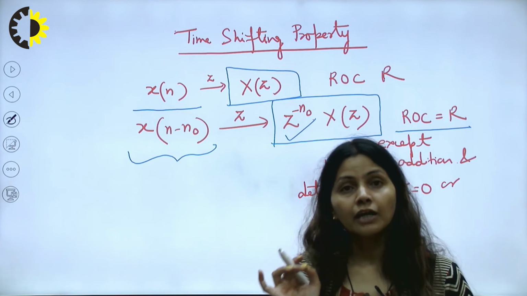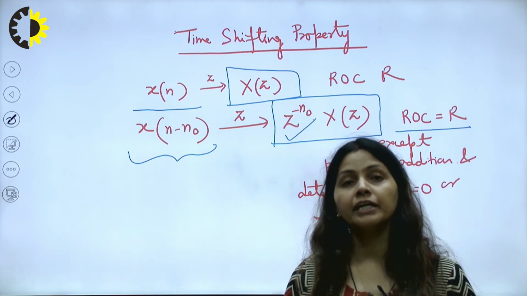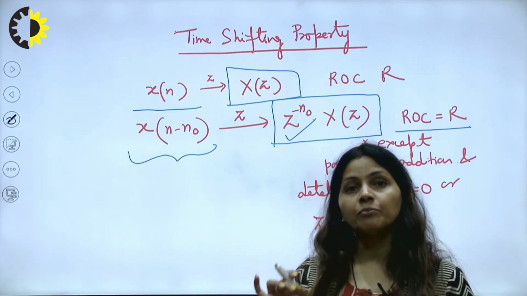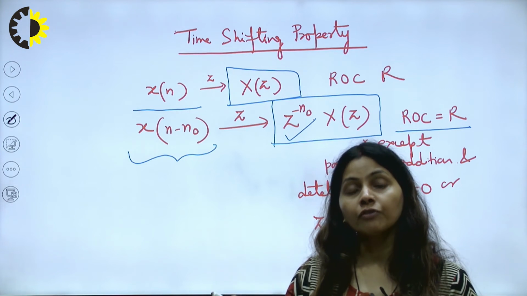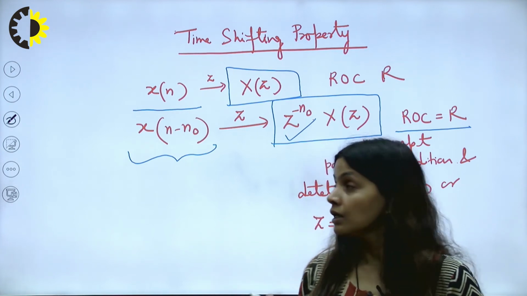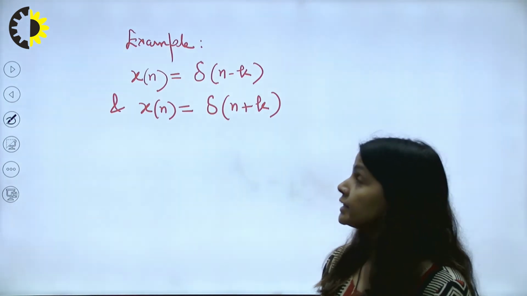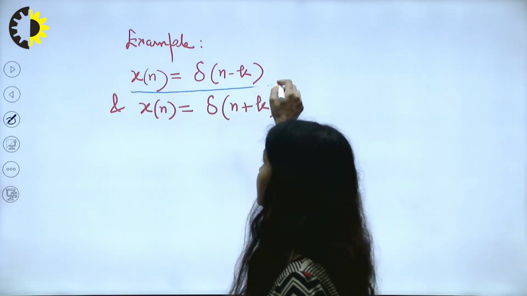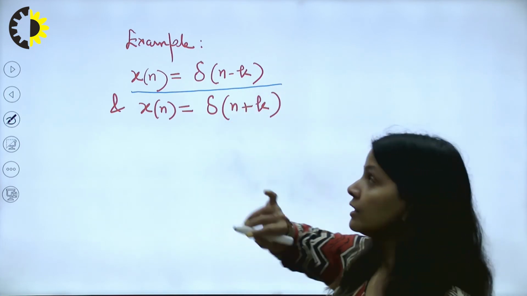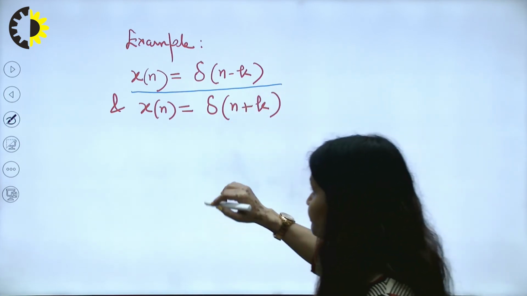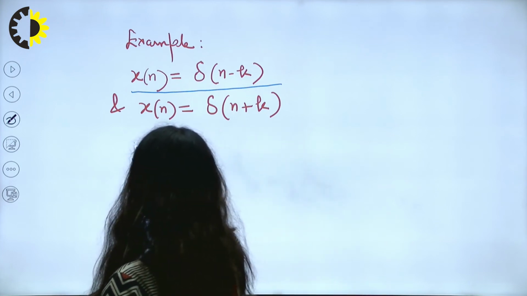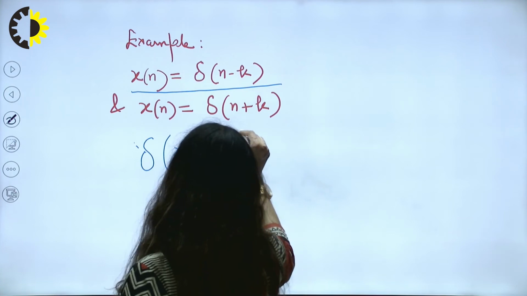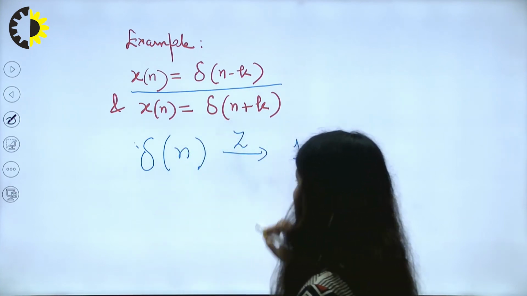As we understood in the case of the linearity property of the Z transform, we will understand this time shifting property in terms of ROC with examples. Let us take the Z transform of x[n] equal to delta[n minus k]. We have delta[n], whose Z transform is 1.